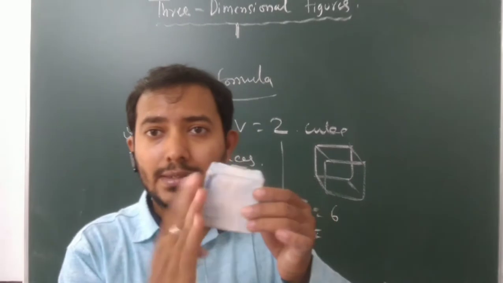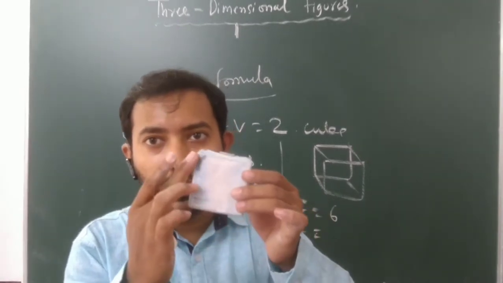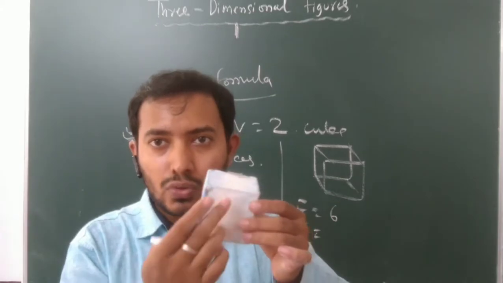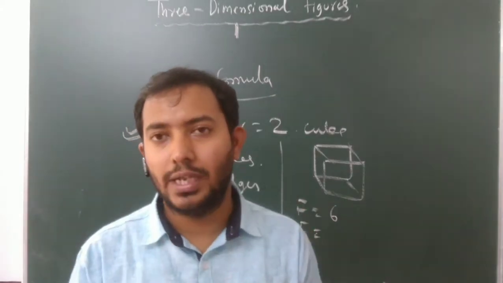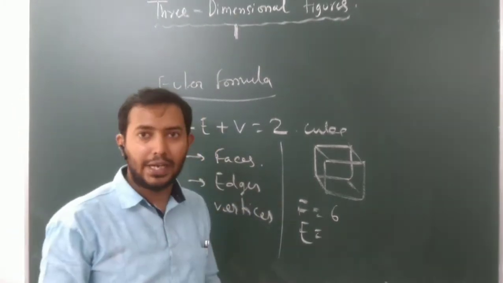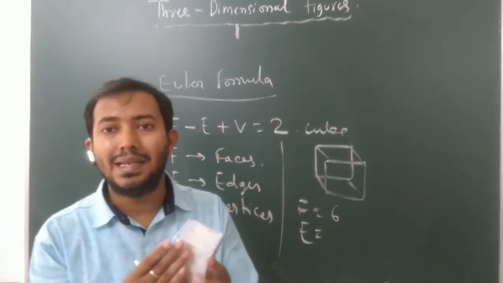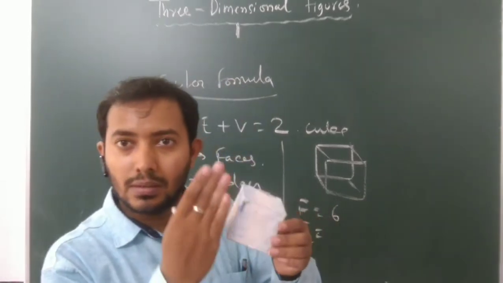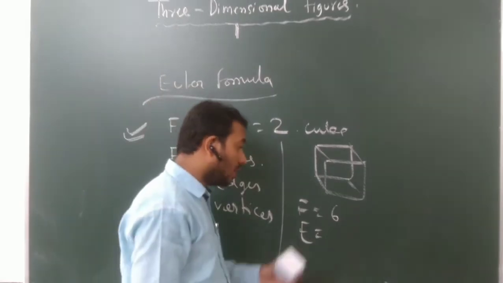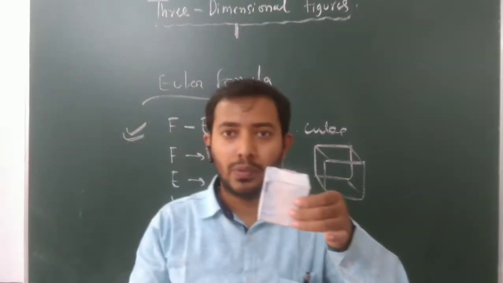When two faces intersect, we are getting a line segment, not a line here right now. So this line segment is called an edge. Why? Because two surfaces meet at a line segment, and that line segment we call an edge.